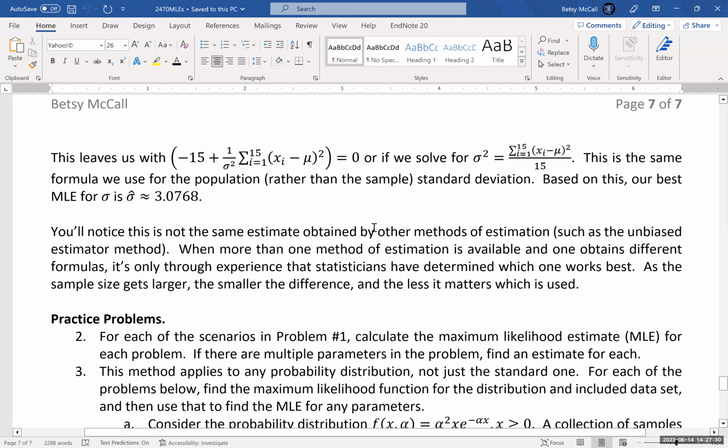Now, these are the same values that we get from other estimation methods. The one thing that is different here is that the sigma is the population estimate. It is not the sample estimate. We ended up dividing by 15, which is the sample size, not by 14, which is n minus 1.